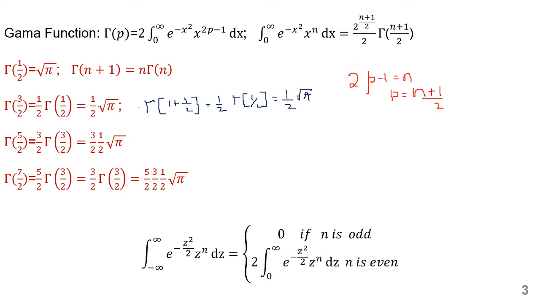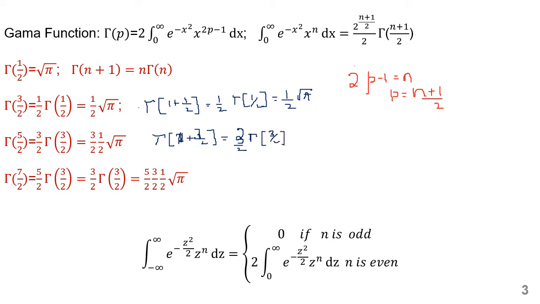Similarly, gamma of 5 by 2 can be written as gamma of 2 plus half. So that gives you n into gamma of n, here it is 1 plus 3 by 2, so it is 3 by 2 into gamma of 3 by 2.